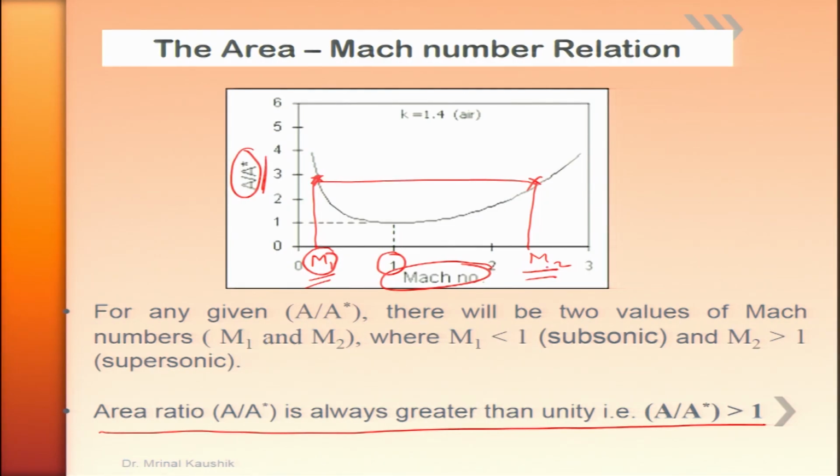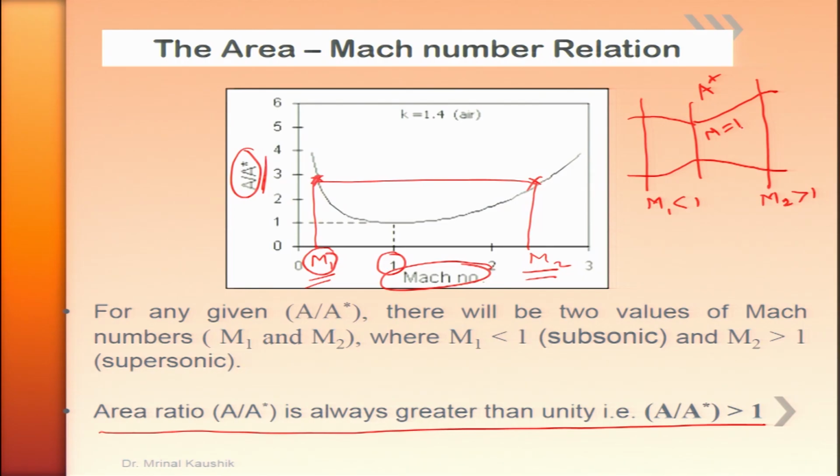This is why in a convergent divergent nozzle, for the same area ratio A by A star, the Mach number in the convergent portion is subsonic, whereas in the divergent portion it is supersonic, with the condition that your throat A star is choked.